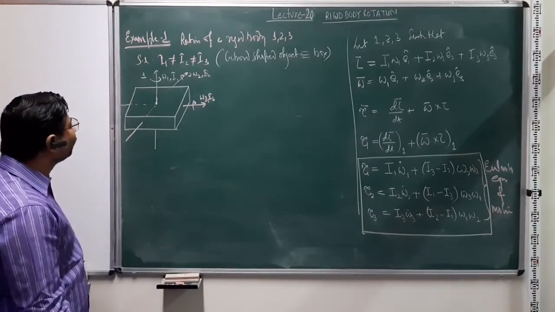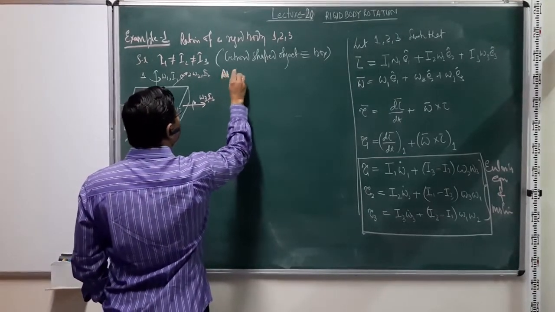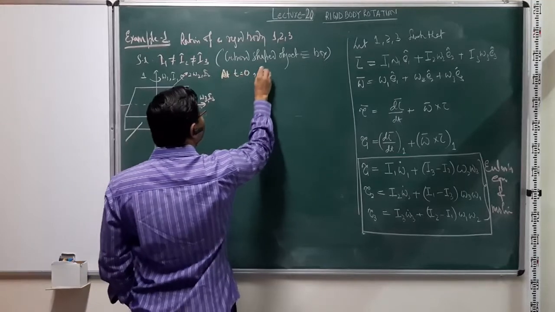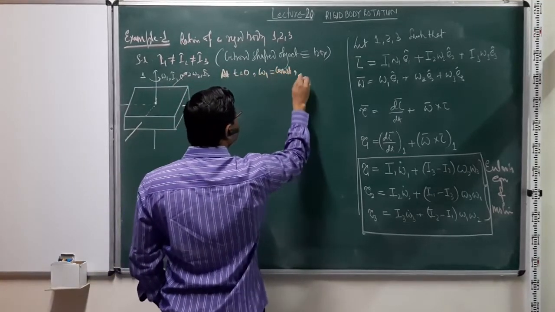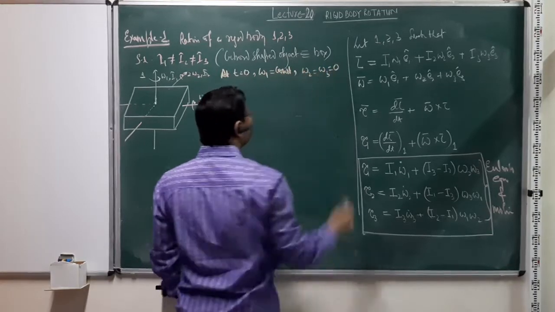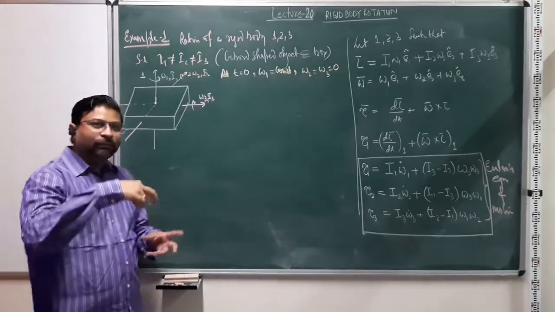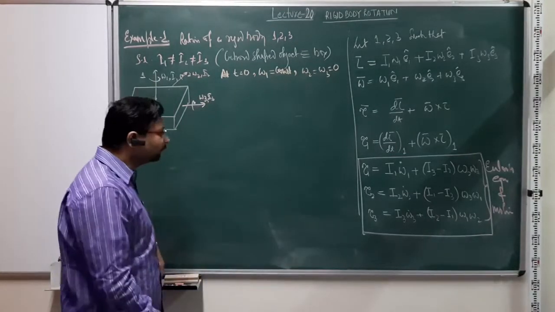So the problem that we are formulating is, let's say at t equal to 0, omega 1 is constant, omega 2 and omega 3 are equal to 0. So that means, to begin with, my box is rotating about axis 1 or whatever.